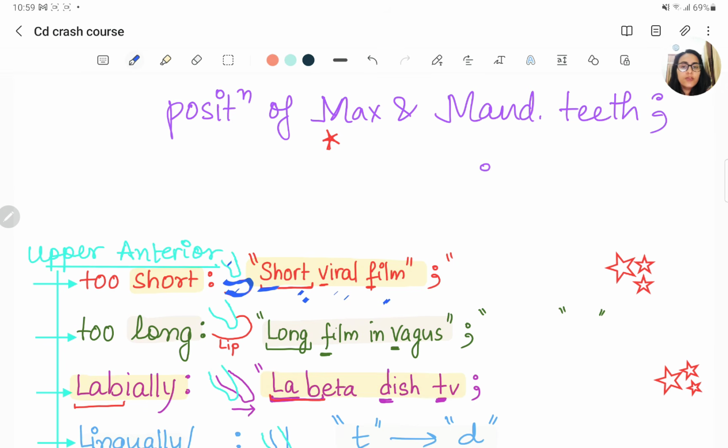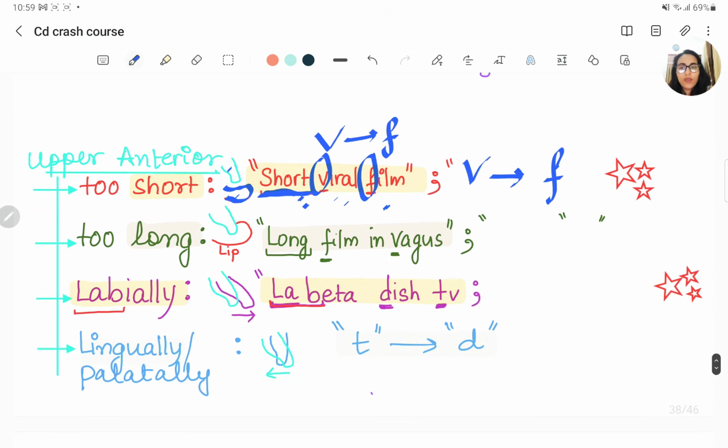That means if the teeth are short, then V will be pronounced as F. If the upper anterior teeth are too long, the teeth are going to go deeper into the lower lip. So you can remember "long film in vagus", that means F will be pronounced as V.